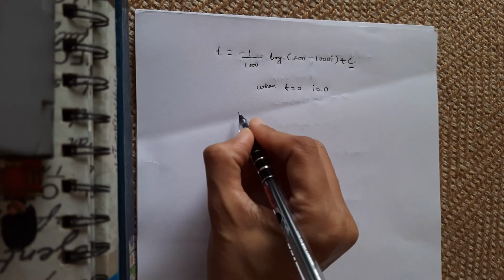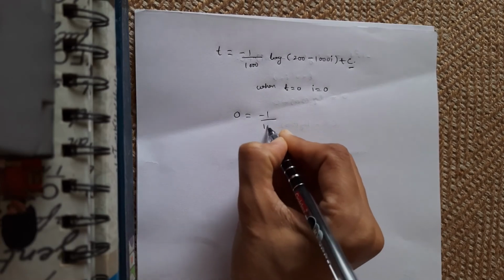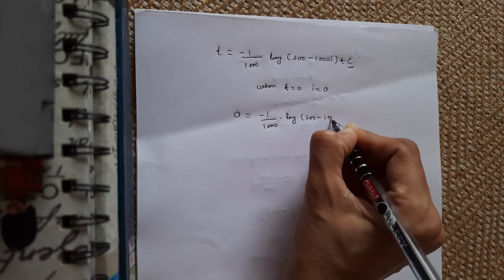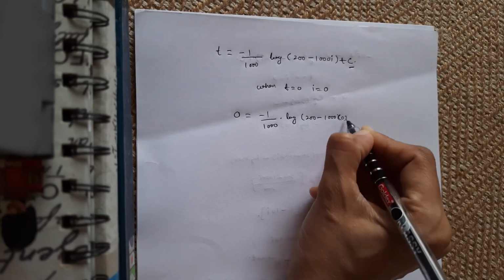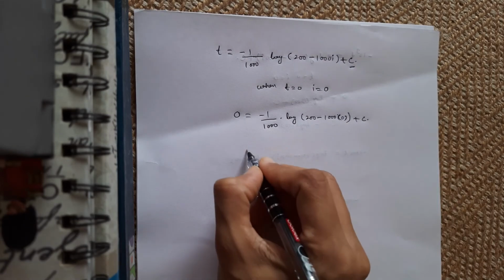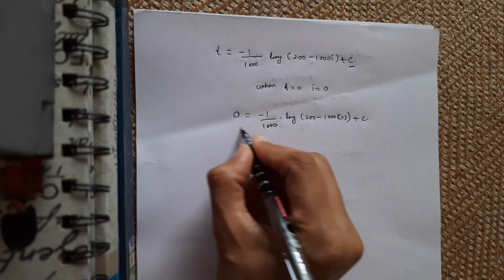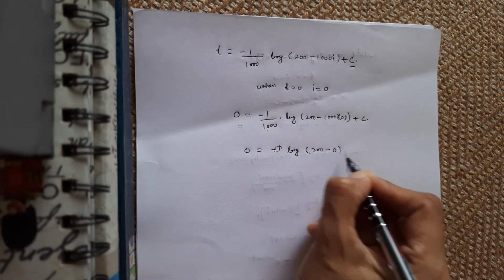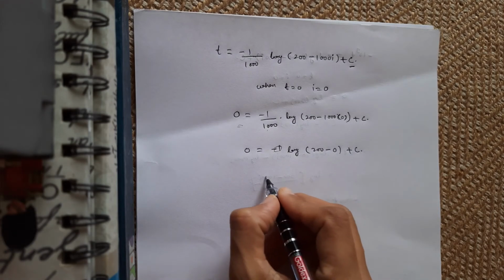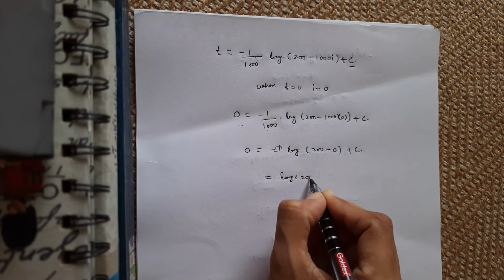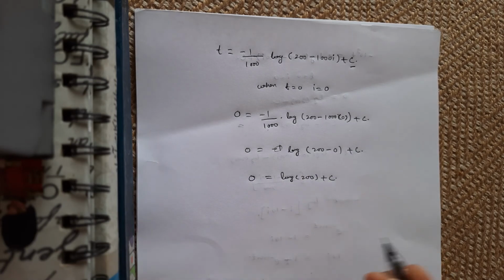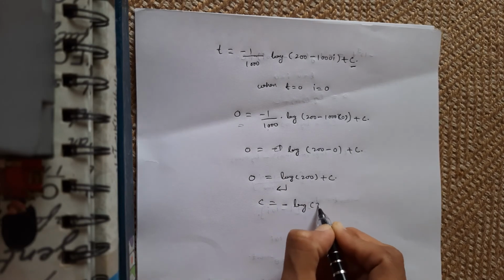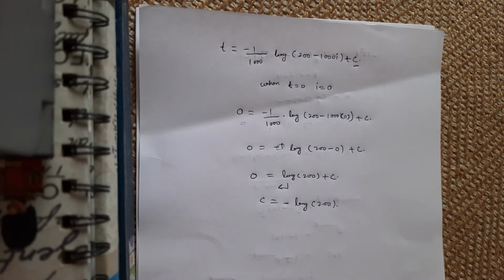So I am substituting this value here. 0 equals minus 1 upon 1000 into log 200 minus 1000 I is 0 plus C. So 0 equals, I will shift this here, it will become 0, log of 200 minus 0 plus C. So simply I got log of 200 plus C equals 0, or C equals, taking to this side, minus log of 200. Okay, this is the value of C I am getting.